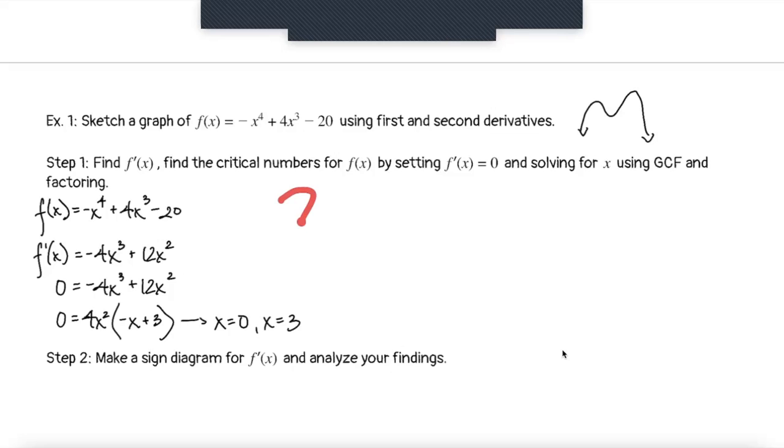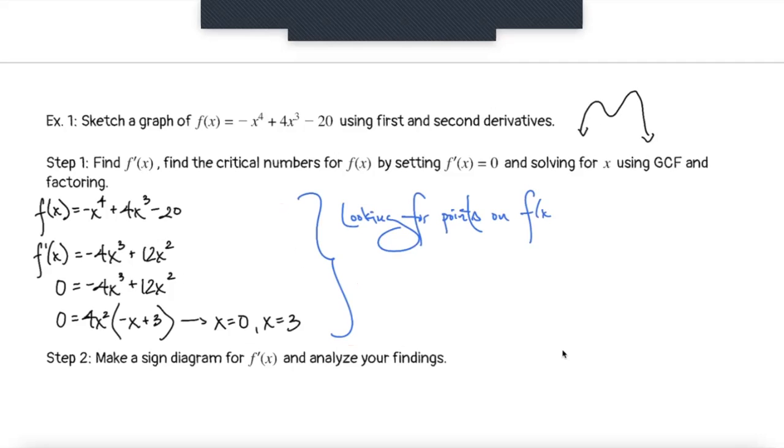Now, we've seen this process before. Given a function, find the derivative, set it equal to 0, solve for x. And if we were to describe in words what we're finding here, we are looking for points on f of x that have a slope of 0.